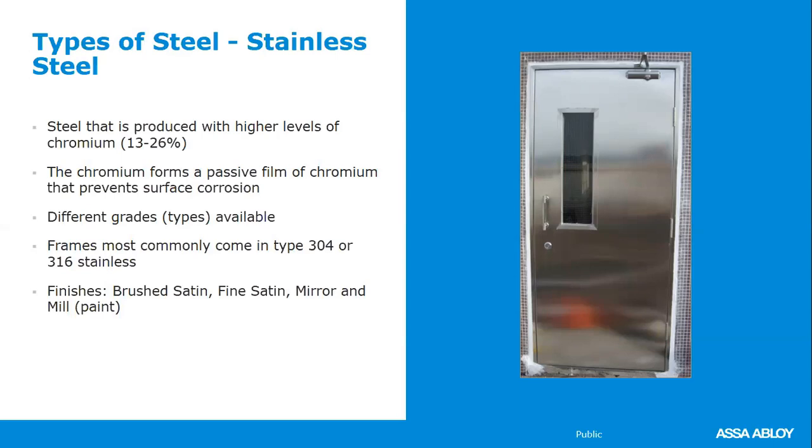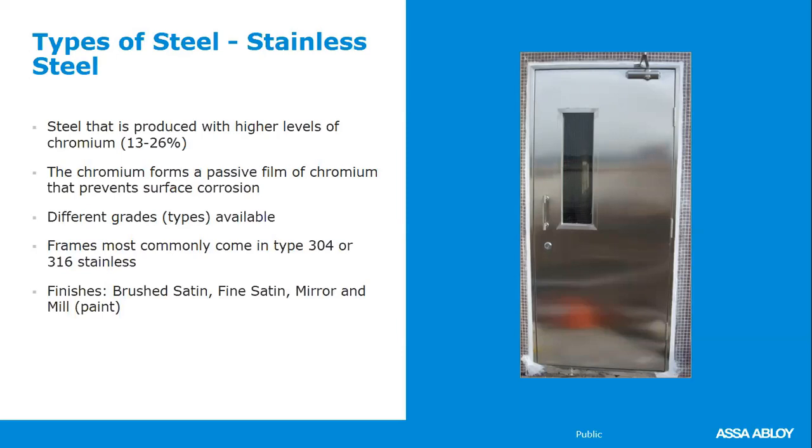In the specifications, more than likely you're going to see a 304 stainless steel specified on the steel type. Sometimes you will see 316. The 316 is sometimes referred to as marine grade. The 316 basically has more chromium in the steel.